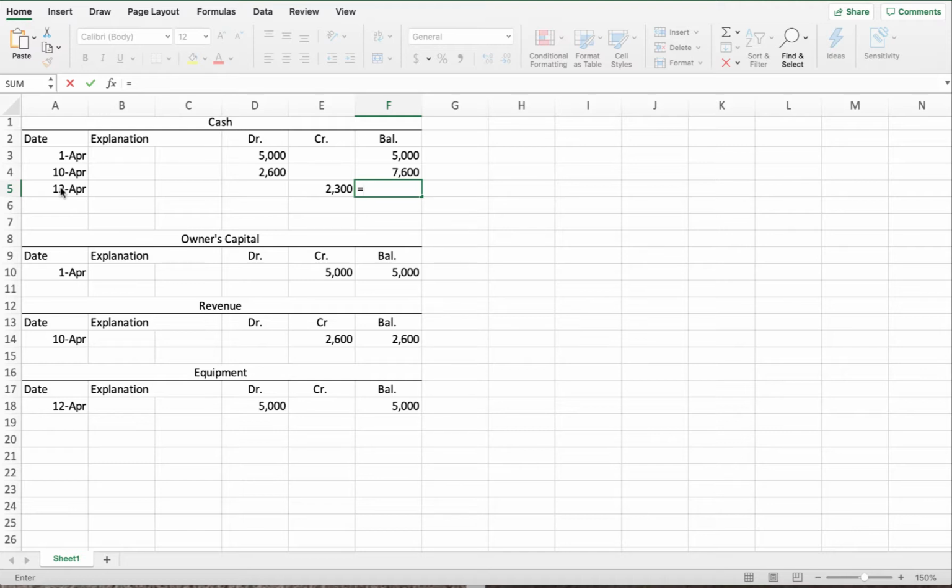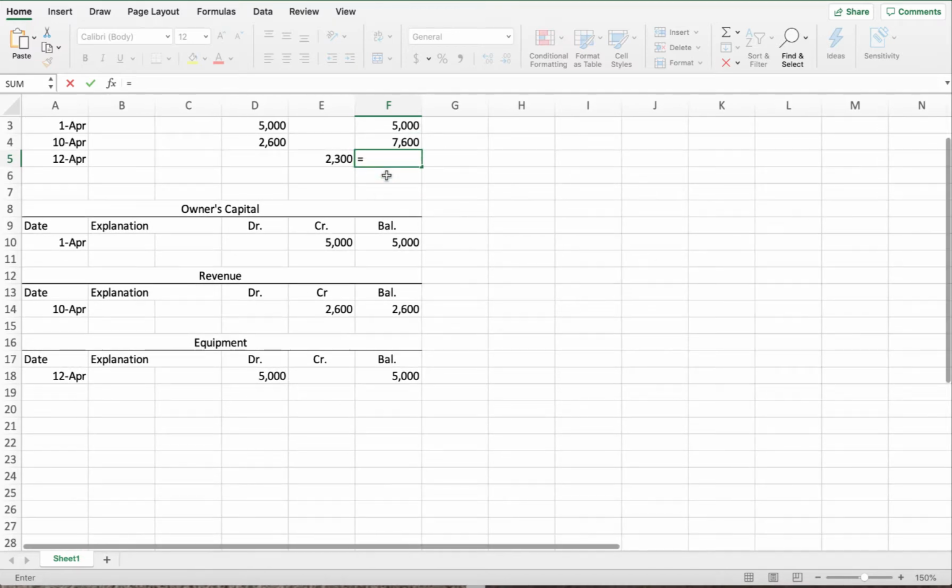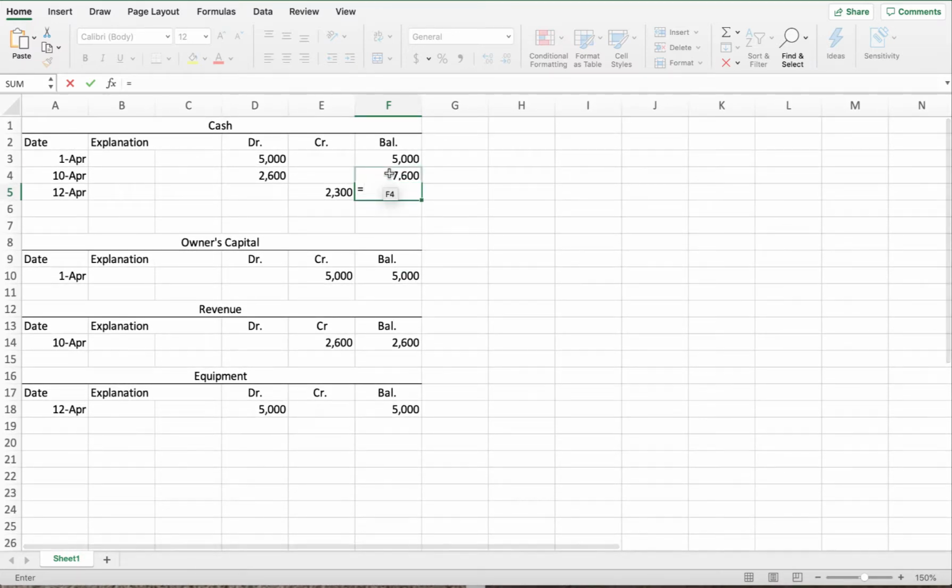So in order to get the correct balance, I'm going to take my previous balance. I'm in F5. That's the cell reference I'm in. I typed equals, and I'm going to go to my previous balance, which was $7,600. That is in cell reference F4. Okay, and then I'm going to subtract my credit, which is $2,300.